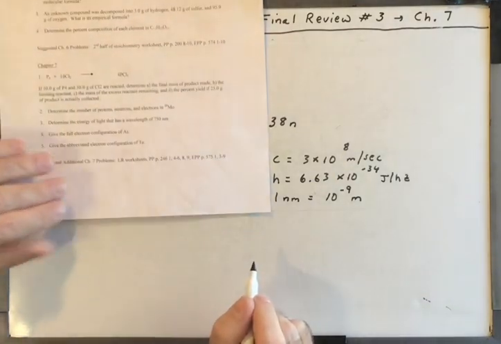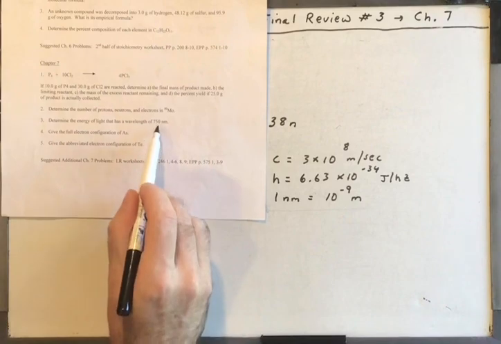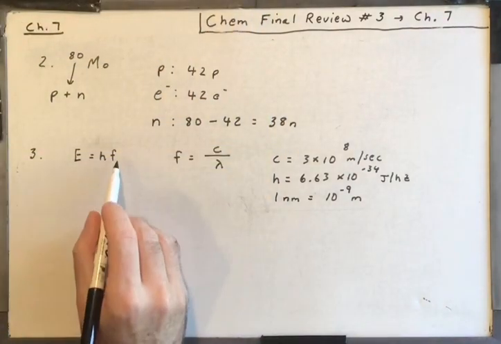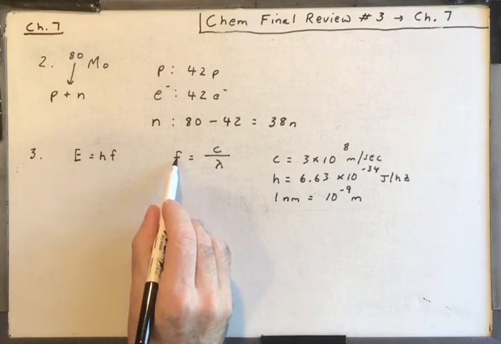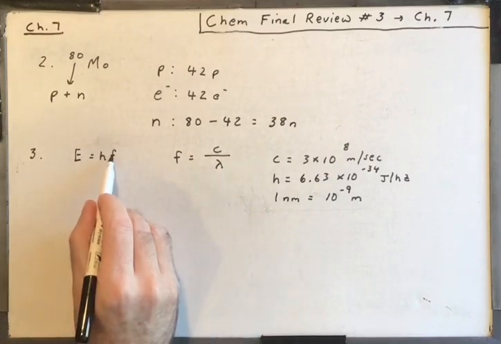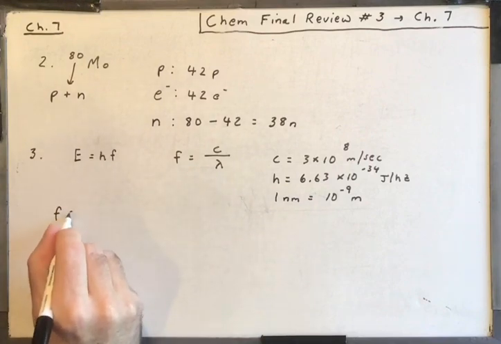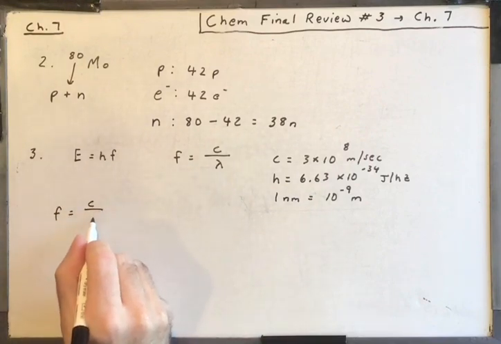So it says we have a wavelength of 750 nanometers. What's the energy? Well, first of all, we need to get the frequency, knowing the wavelength, and then we will plug it into this formula. So frequency is equal to the speed of light over the wavelength.